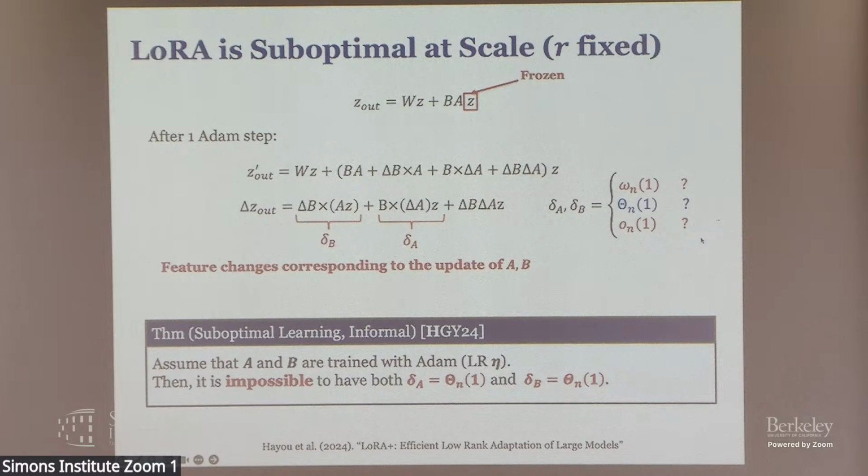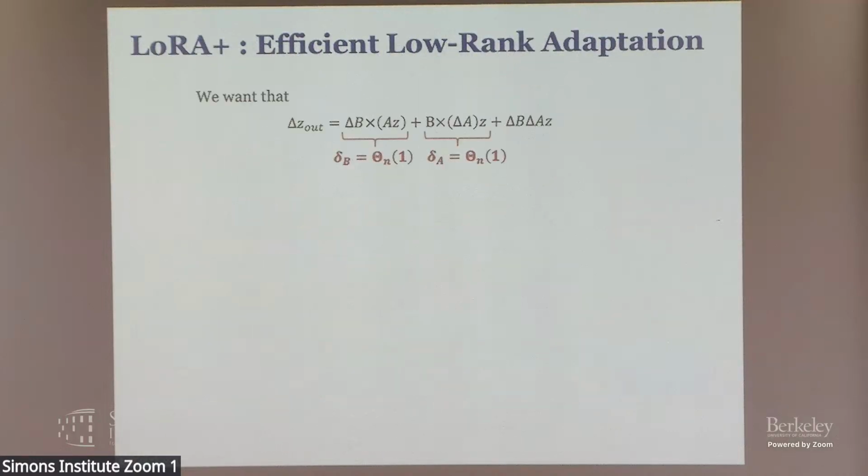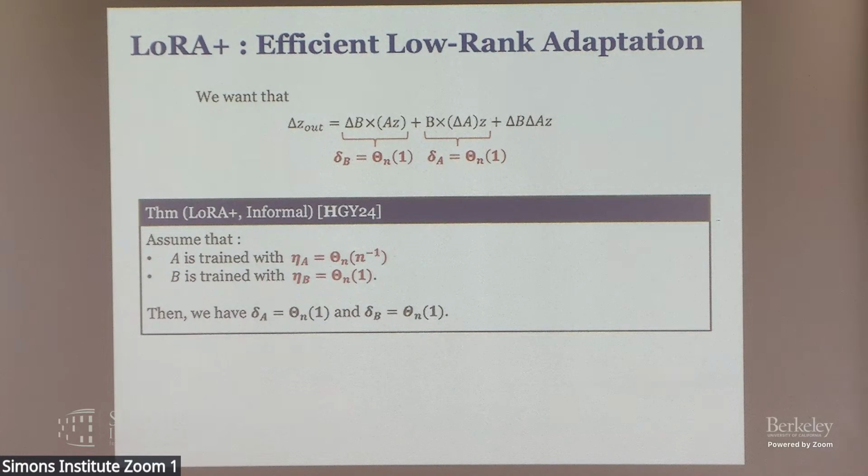To solve this problem, we reverse engineered the issue. We asked what we would want to force this. Basically, we want both to be Θ(1). So what should we do to achieve this? By reverse engineering this problem, we found that what you need to do is decouple the learning rates for A and B. You need to use different learning rates to update the matrices A and B. For A, you usually need something that scales as 1 over n, and for B, you need something that doesn't change with n.